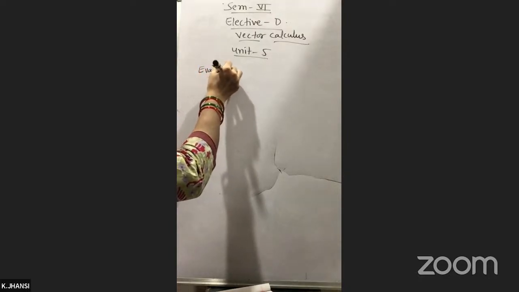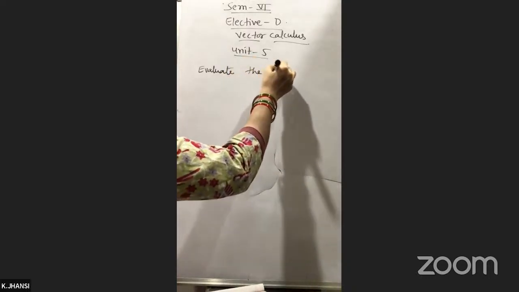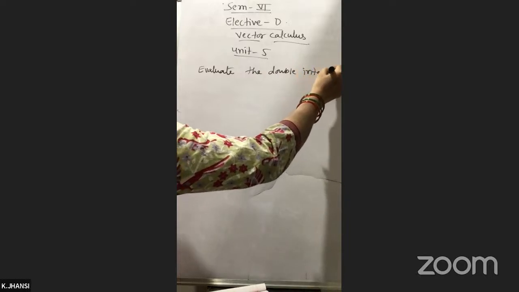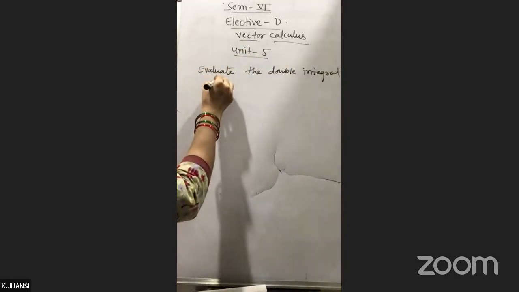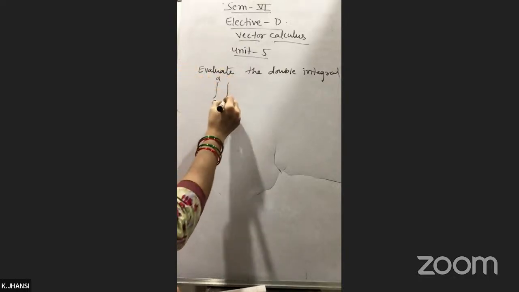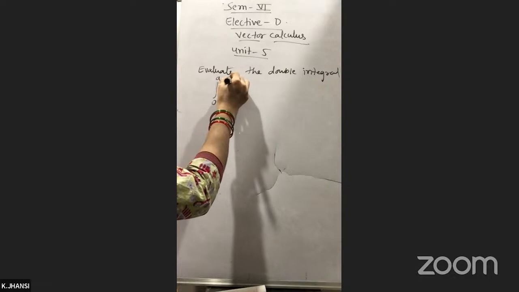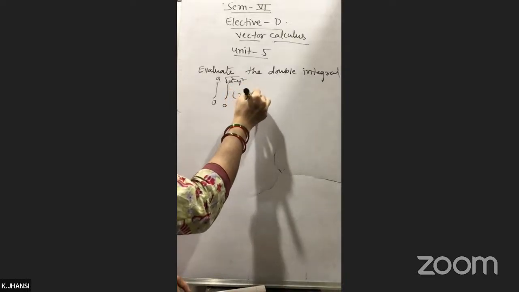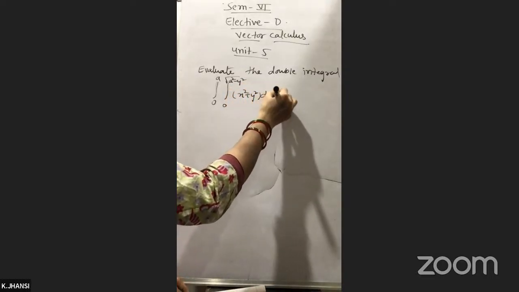So one problem we have, that is, evaluate the double integral zero to a, and the next one is 0 to root of a square minus y square, x square plus y square into dx dy.